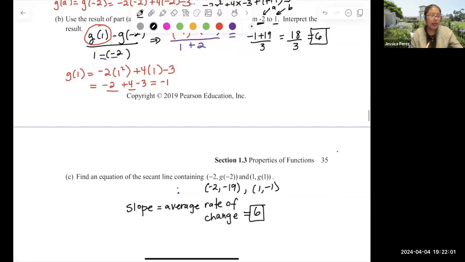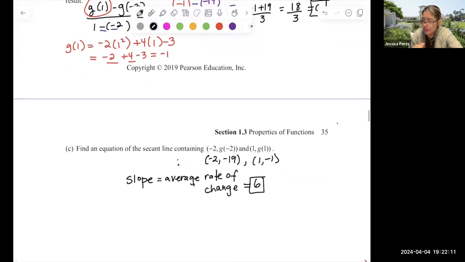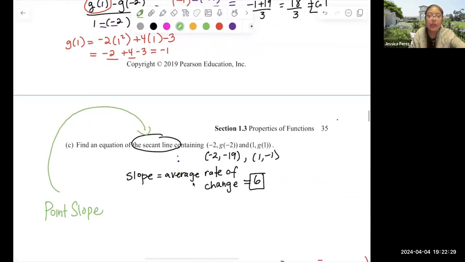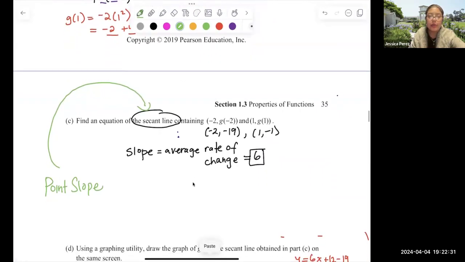Now they want us to find the equation of the secant line. If you remember, you guys did this already in F1 through F4, and that was using the point slope form. So that's what we're going to be doing when we're asked to do the secant line. What is the point slope form?